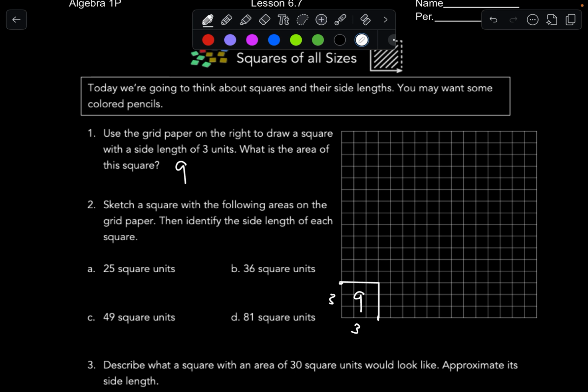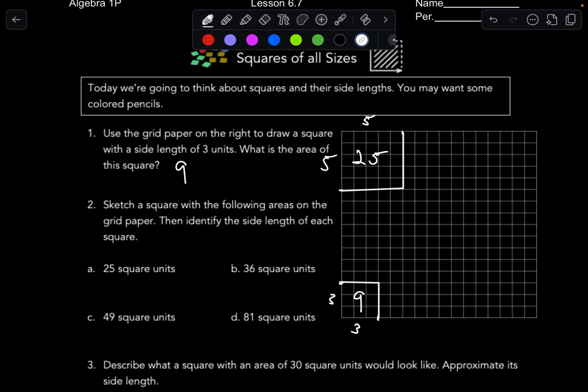25 square units. I'm just going to go up here, 1, 2, 3, 4, 5, 1, 2, 3, 4, 5, and the square is going to be this. There is 25 in there, and it's 5 by 5. 36 square units.